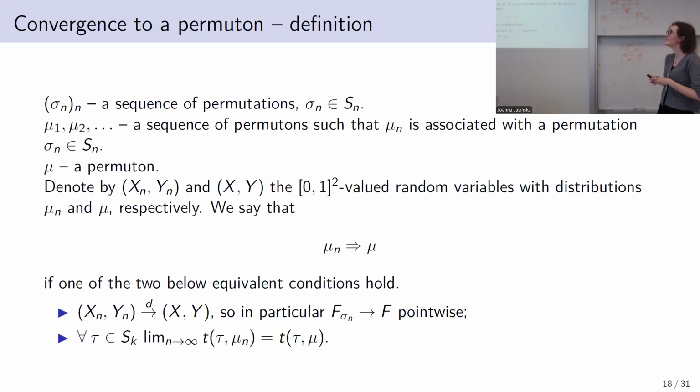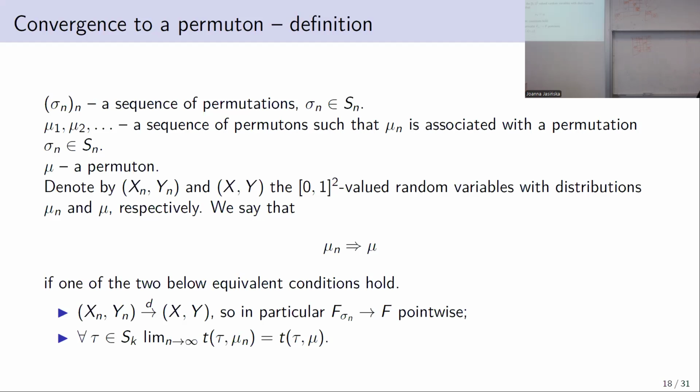We are getting there. Let me just also mention what I understand by convergence to a permuton, so that I can then explain our main and most important result. I have a sequence of permutations, and what does it mean that the sequence converges to a limit? I take a sequence of permutons, where the ith element of the sequence is associated to the ith permutation, and I take mu, some permuton.